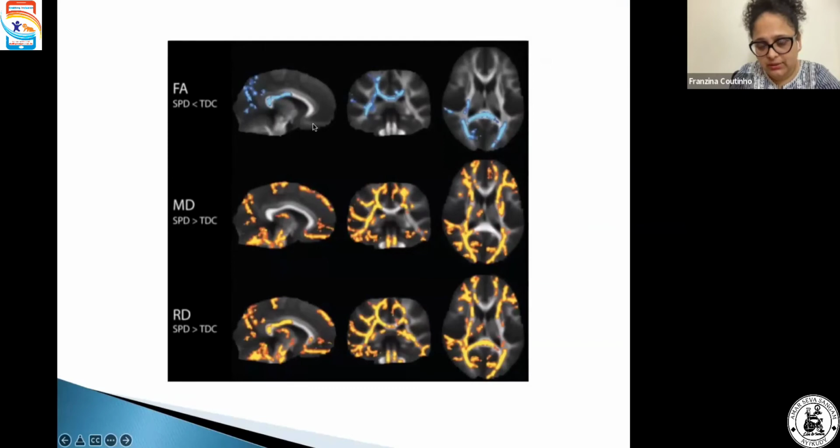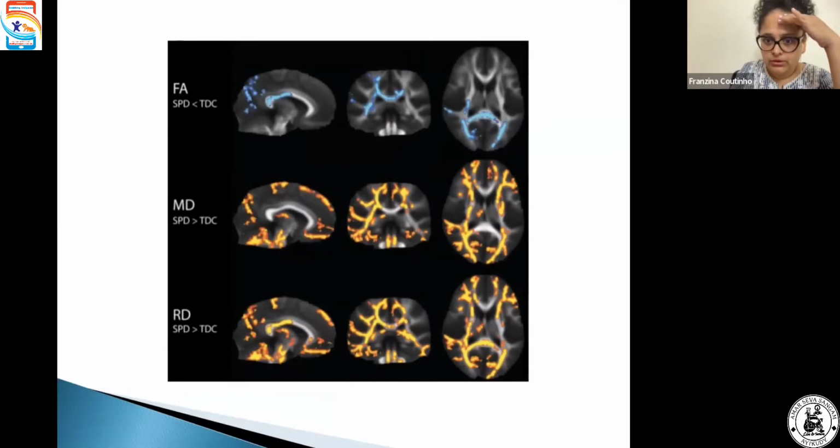In children with sensory processing difficulties, apparently the white area in the posterior part of the brain is less. This is the back view here. This is the lateral view, and this is if you're looking from the top.